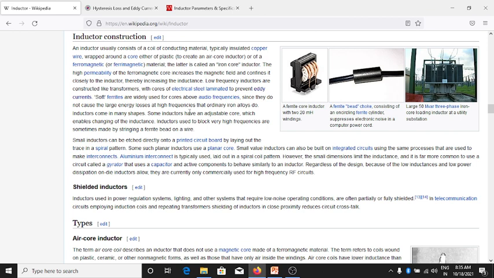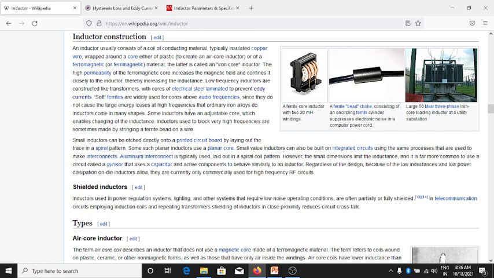An inductor usually consists of a coil of conducting material, typically insulated copper wire, wrapped around a core, either of plastic to create an air core inductor, or of a ferromagnetic material. The latter is called an iron core inductor.